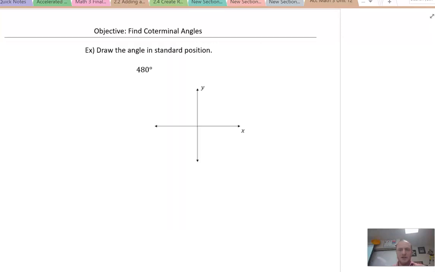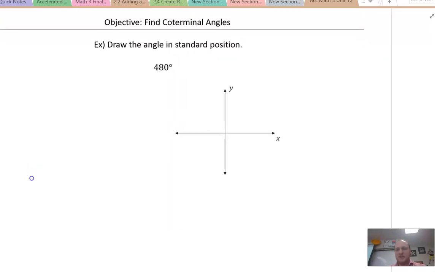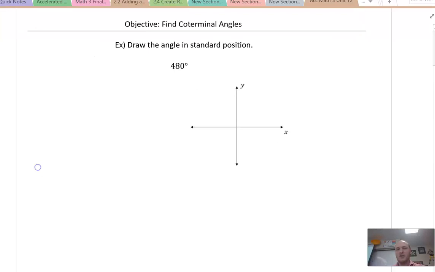All right, next example. Here's the last kind of topic. They want us to draw these angles in standard position. So again, what's helpful is, I have no clue where 480 is, but if I break this down into what it's going to be in the first revolution, kind of doing what we just did, if I subtract 360, that is 120 degrees.